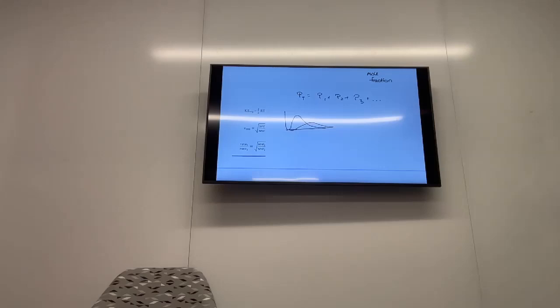This is your Boltzmann distribution. Okay, I'm going to draw this a little bit better. Okay, so this is a Boltzmann distribution.